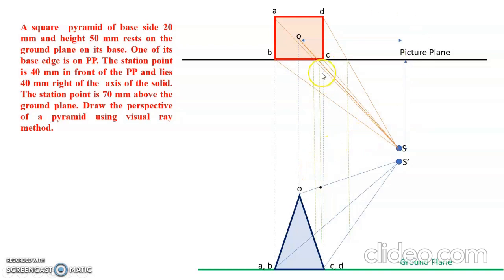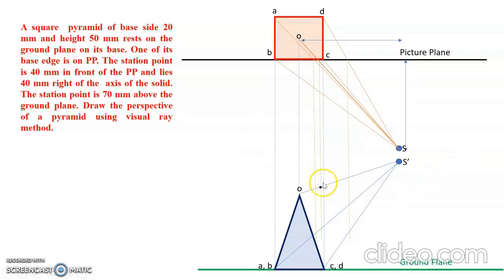First this is the line from the O. You can come here, and it will intersect at the ray which is passing through O to S dash.